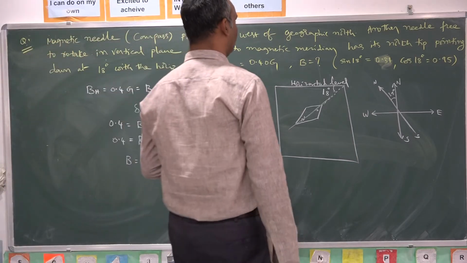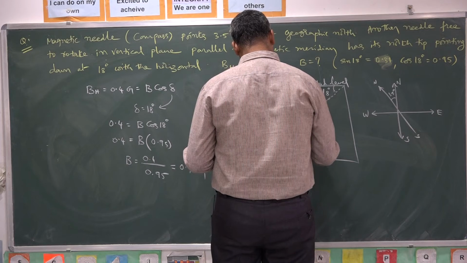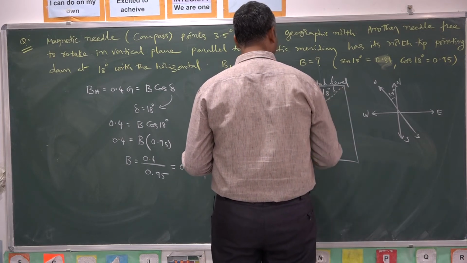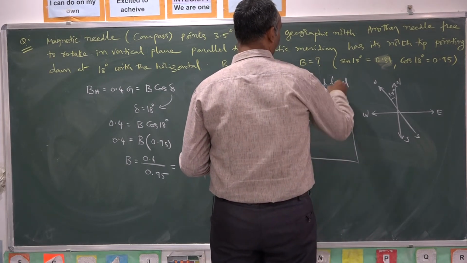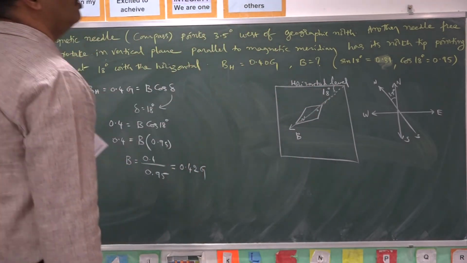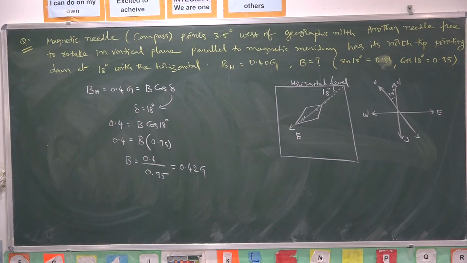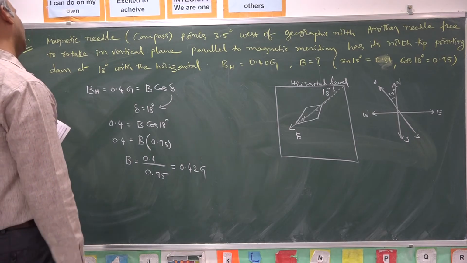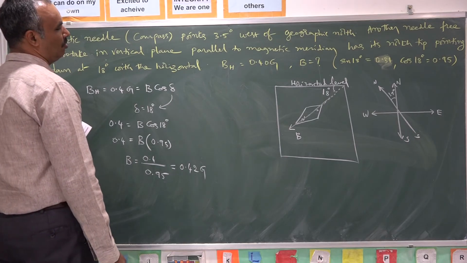Suppose the resultant magnetic field is in this direction, hence the needle is tilting itself like this. It is making an angle of 18 degrees with the horizontal. Horizontal means parallel to the magnetic meridian. Therefore, the angle made by the resultant magnetic field vector with the horizontal in the magnetic meridian is called angle of dip. So, we can identify that 18 degrees as angle of dip, and we solved this problem.